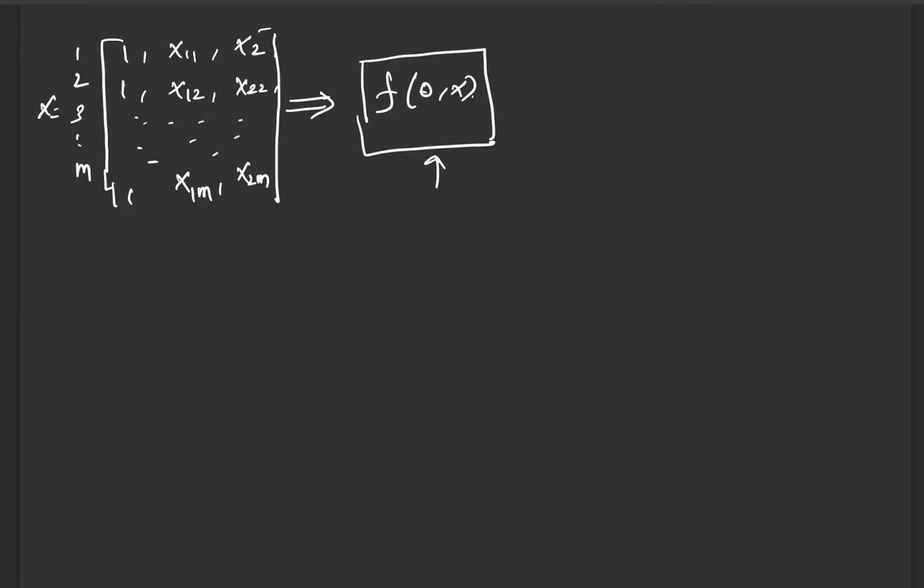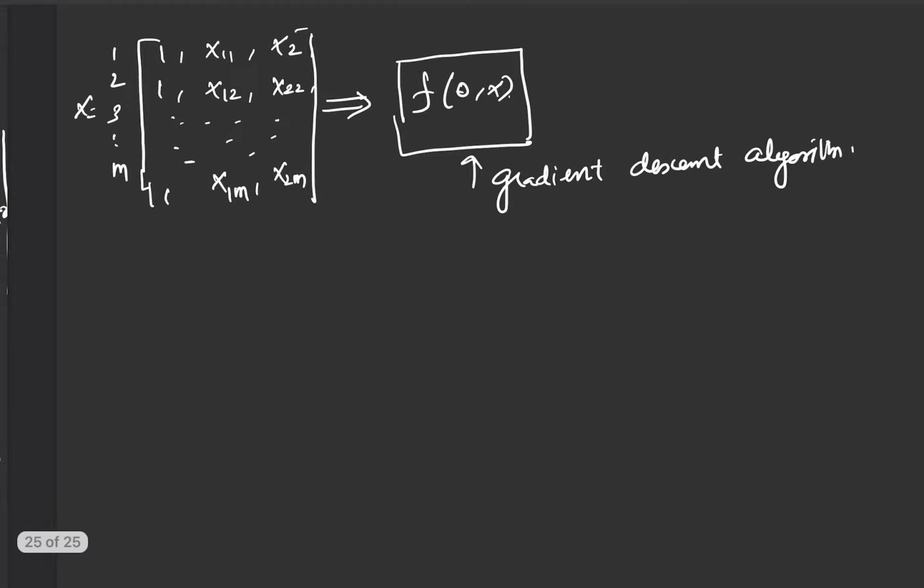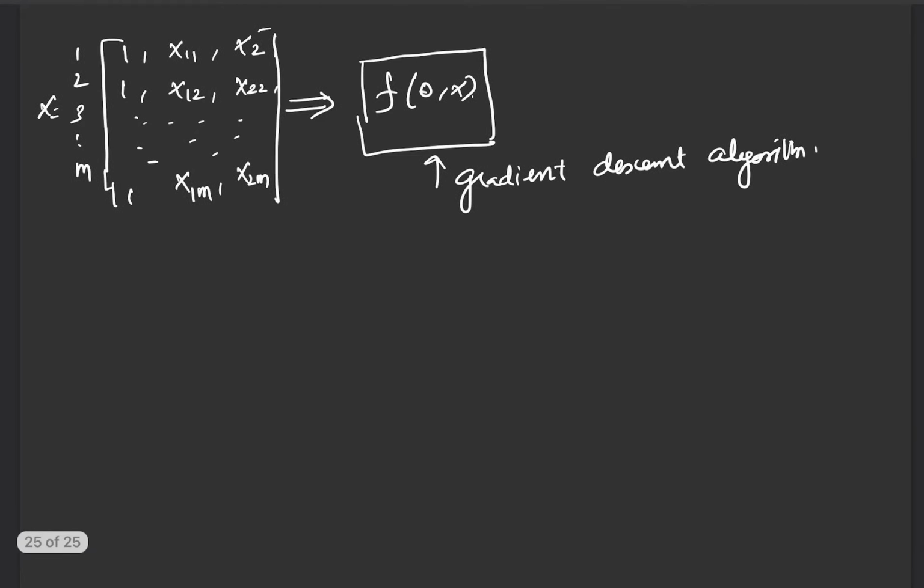Then I apply my gradient descent algorithm and create this mapping function. What is the mapping function for the logistic regression model? This is the classification model that would classify whether the sentiment is positive or negative.